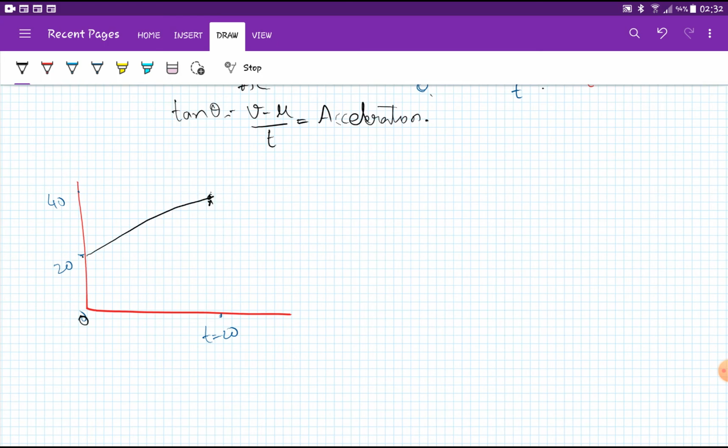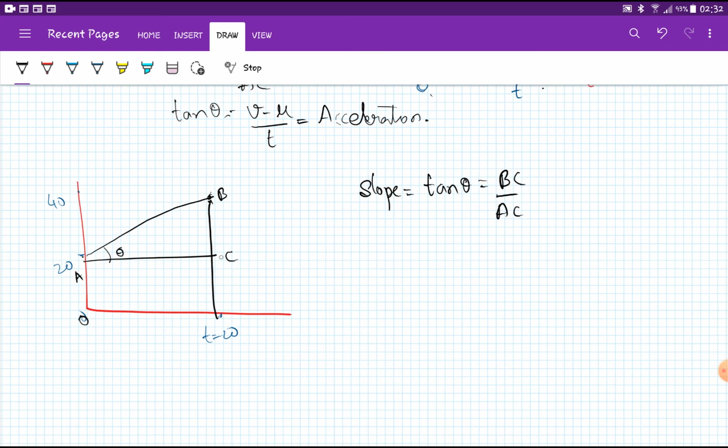Okay, now what you have to do is find the angle here. Once you find the angle here, that is the acceleration. Okay, A, B, C. Now write slope equals tan theta equals BC by AC.